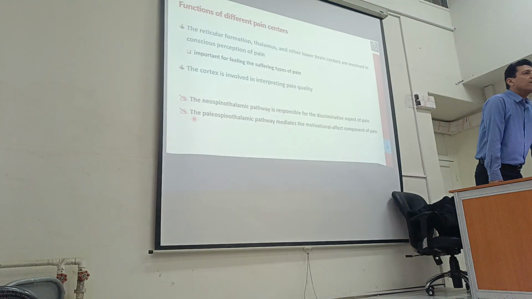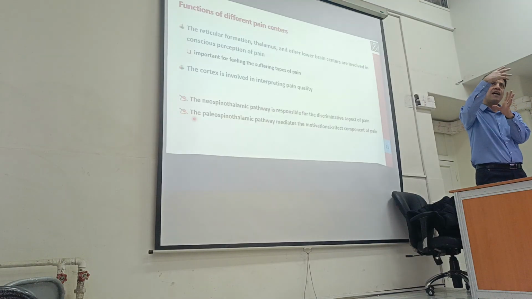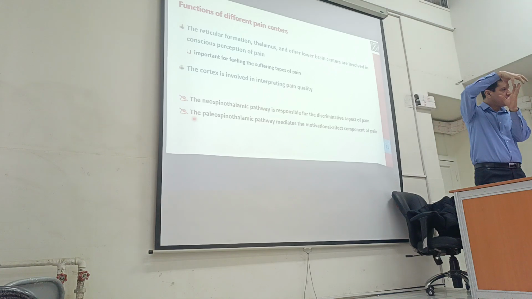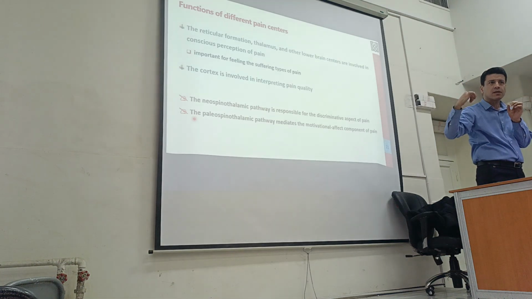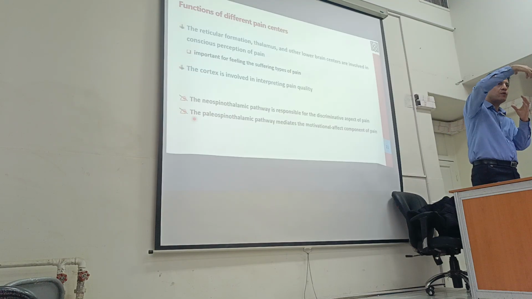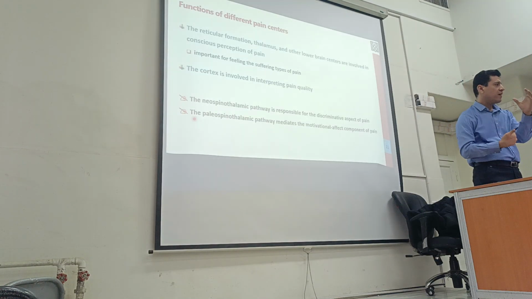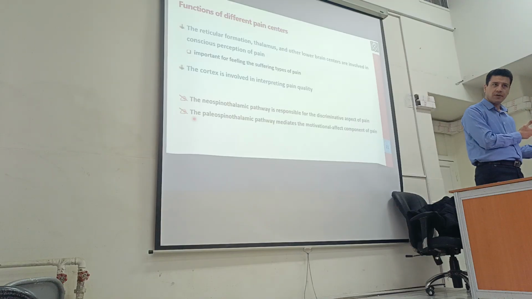So let's see what are the functions of these centers. So we have reticular formation, thalamus and cortex that receive pain signals, right? So if we remove the whole cortex, for example, in an animal, in a cat, and bother the animal, I mean, give painful stimulation, the animal reacts to this painful stimulation.